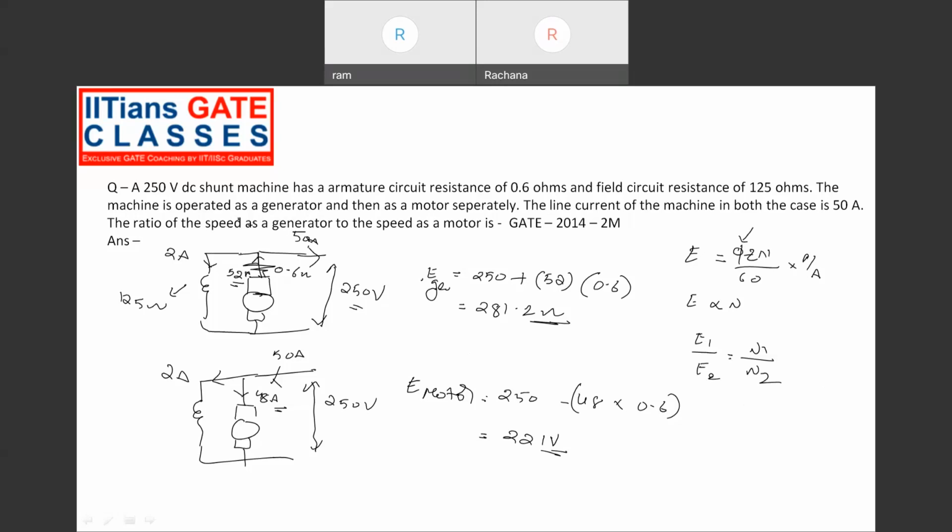They're asking the ratio of speed as a generator to the speed as a motor. Means N generator by N motor equals E generator by E motor. That is 281 by 221, which comes around 1.27.